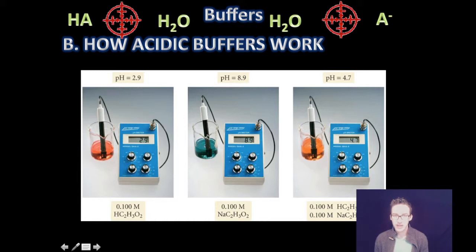If you take a look at the sodium salt that contains that same ion as the conjugate base of our weak acid, it's a basic pH. And so when you add that sodium salt to the weak acid to make your buffer solution, it is going to have sort of a less acidic or more basic pH than your original acid solution would have.